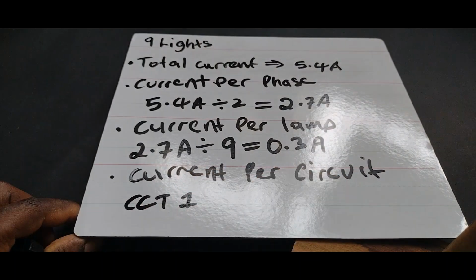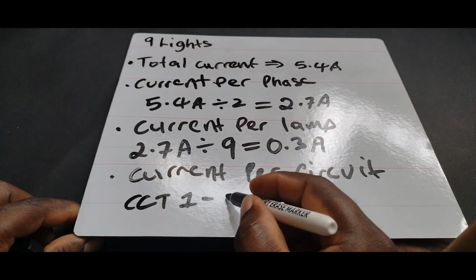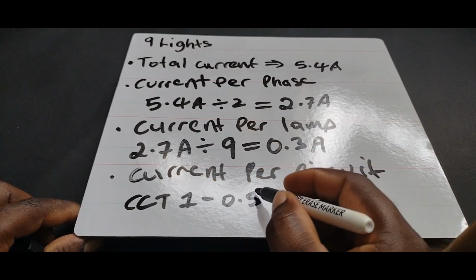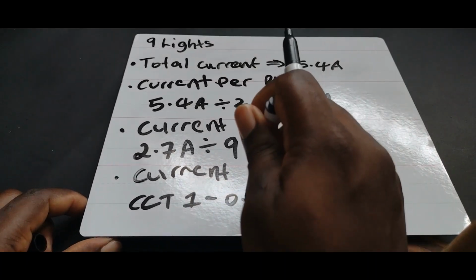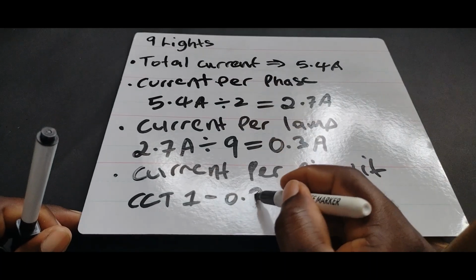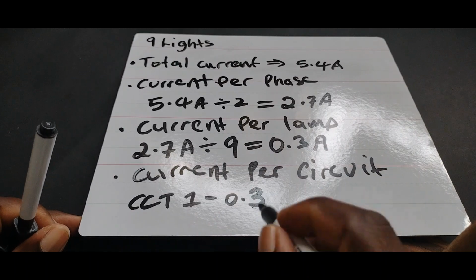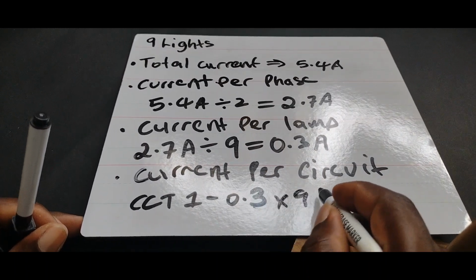One circuit breaker, current per lamp, times the number of lamps.